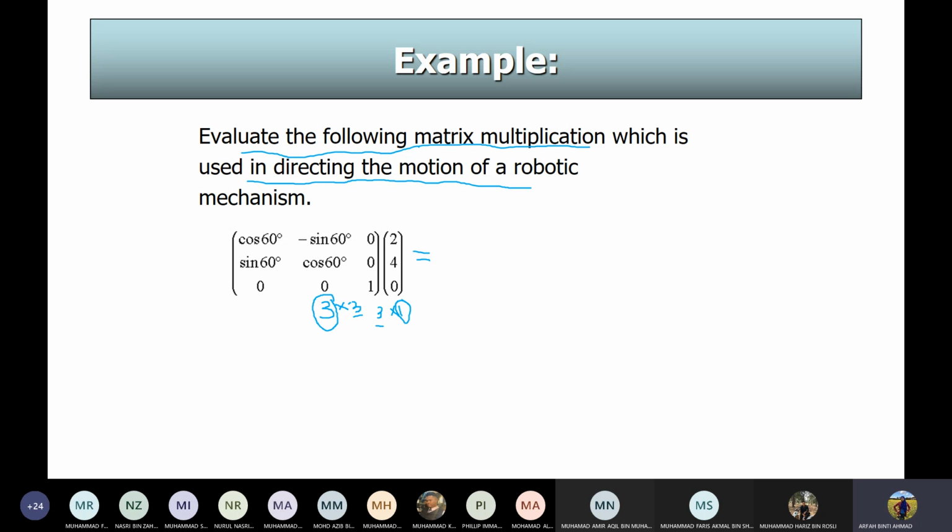Zafira got it, Alifah, Iliana. Aiman has given the answer. So the others, try pressing your calculator, cos 60 what, multiply with all the elements in the matrix. Khairul Syakirin also got the same answer. Okay, Alifah got it. Good Alifah.